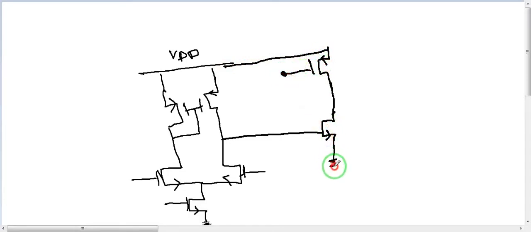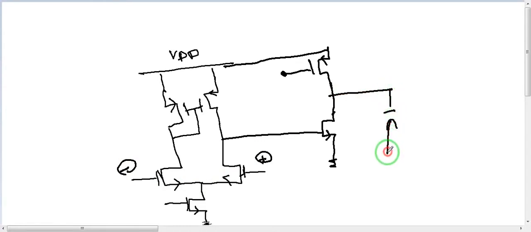As you can see, we have inverting, so this will be the positive input, and this one will be the negative input, and this is the output with, for example, a capacitive load.